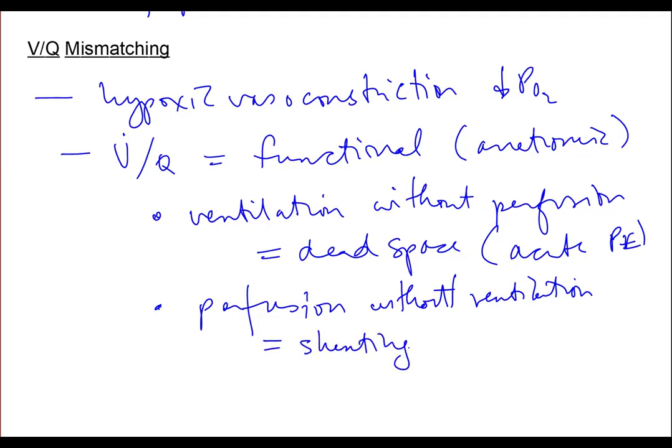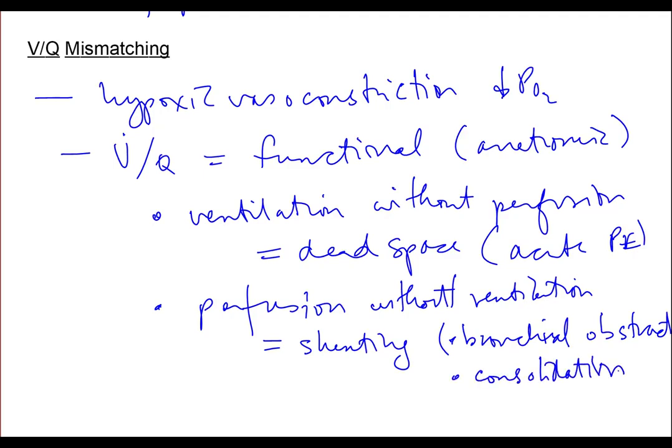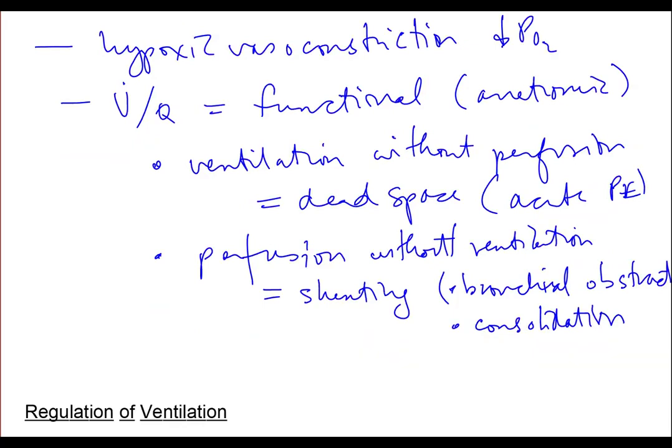And our model diseases for shunting are going to be situations with bronchial obstruction, be it by tumor or by peanut. It's going to be anytime we get consolidation. And remember, consolidation is an X-ray term that says that the alveolus is filled with a fluid. It can be a transudate or an exudate or a blood, but consolidations lead to VQ mismatching.